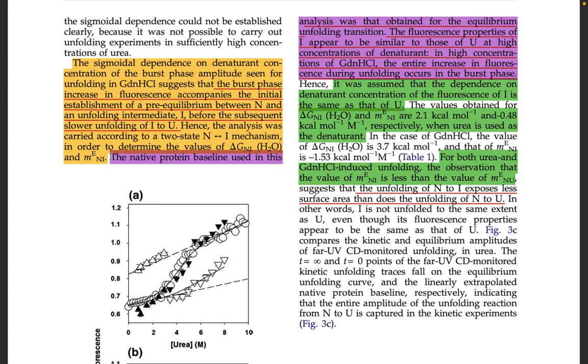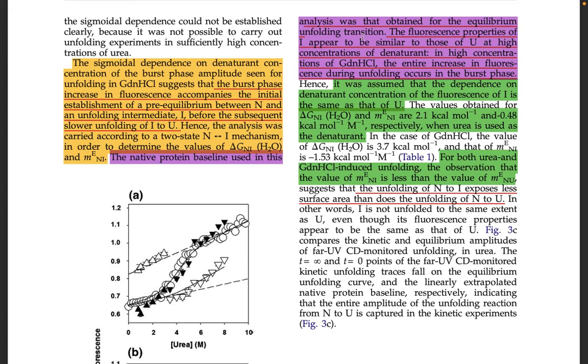So the sigmoidal dependence of denaturant concentration on the burst phase amplitude seen for unfolding in guanidinium hydrochloride suggests that the burst phase increase in fluorescence accompanies the initial establishment of a pre-equilibrium between N and an unfolding intermediate I before the subsequent slower unfolding of I to U. Hence, the analysis was carried according to a two-state N to I mechanism in order to determine the value of delta G NI in water and m NI.